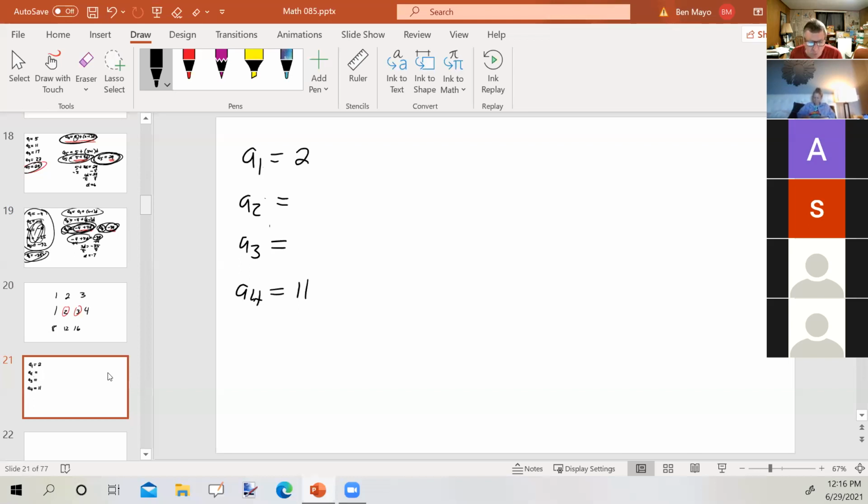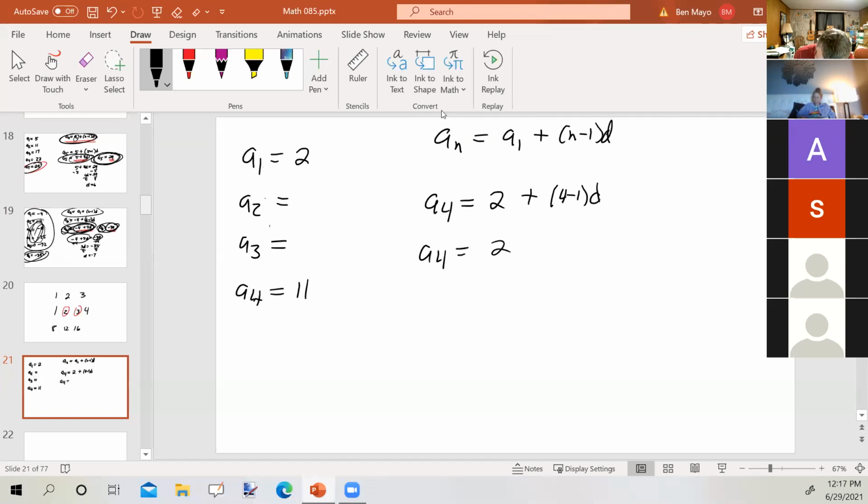Now, this problem is just like the last 2 problems. We're going to use this formula, and we're going to say a sub 4 equals a sub 1 plus 4 minus 1 times d. A sub 4 equals 2 plus 3d. But we're also going to say a sub 4 equals 11.